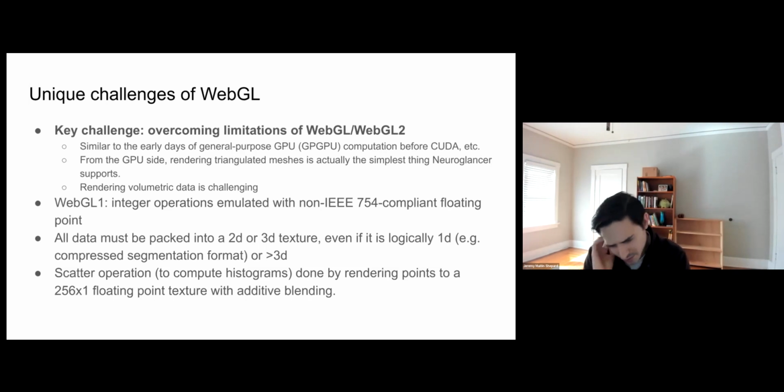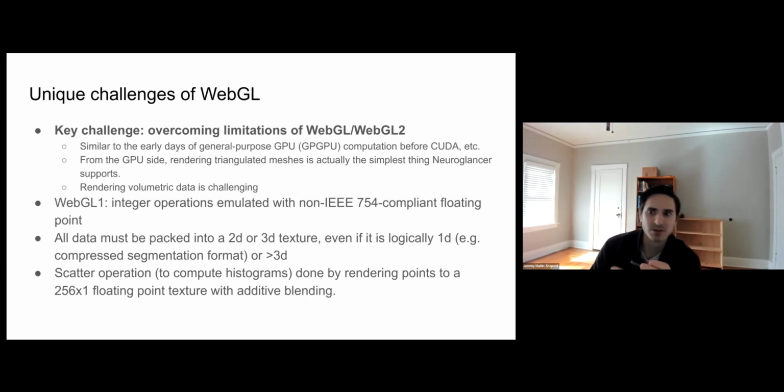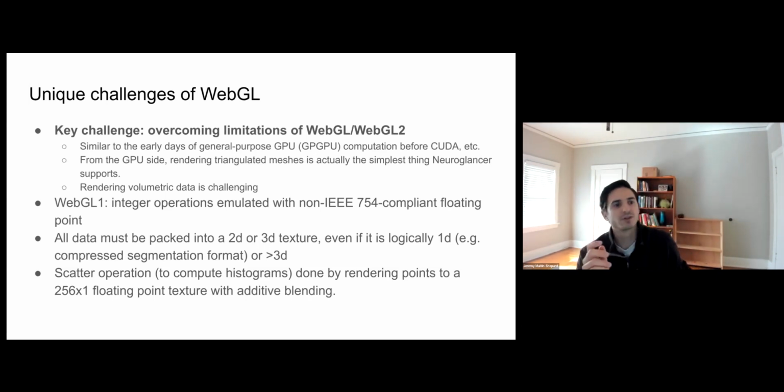So in many ways, even though we're decades past it on the native application side, dealing with WebGL has a lot of similarities to the early days of general purpose GPU computation before things like CUDA came along, where we have some general computation that we want to perform, and we have to shoehorn it into very graphics-oriented things.